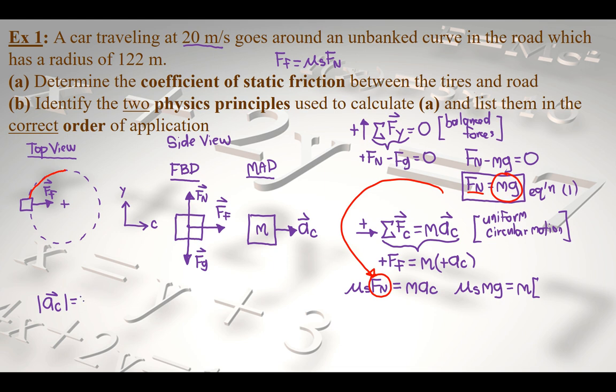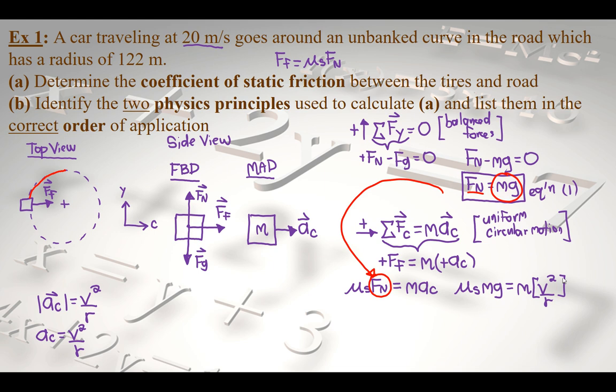Now, I'm just going to drop the absolute value of the vector and just write AC is equal to v squared over r. AC like this just means the magnitude of the acceleration vector. So instead of writing AC here, I'm going to replace it with v squared over r. So it's going to be m v squared over r.